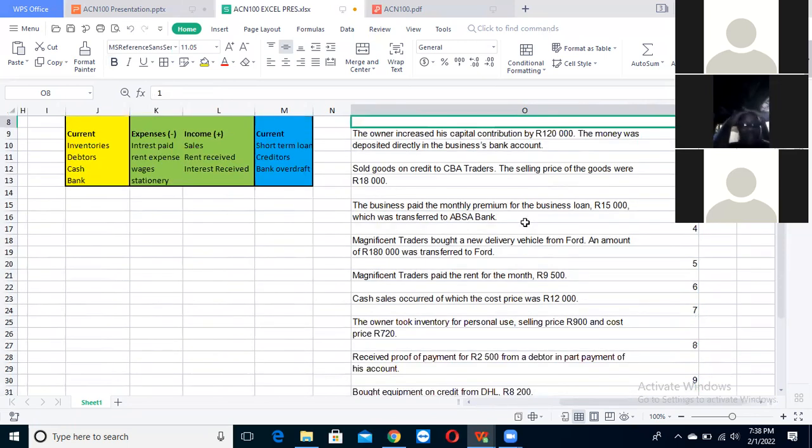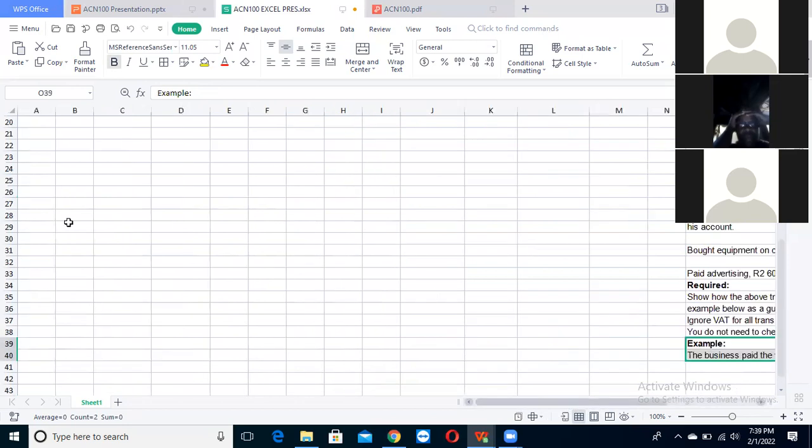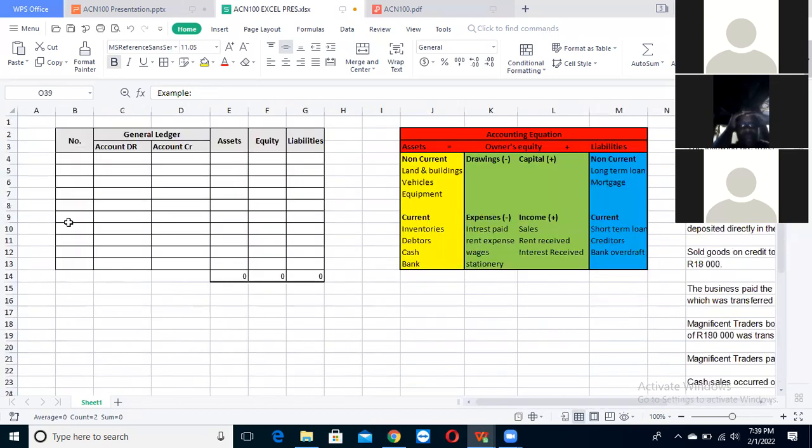Perhaps let me explain the example before we go to the question. We were told by the example that the business paid the wages for the week of 1,000 rand. So we quickly come to our answer format and write on the number here, number 1.